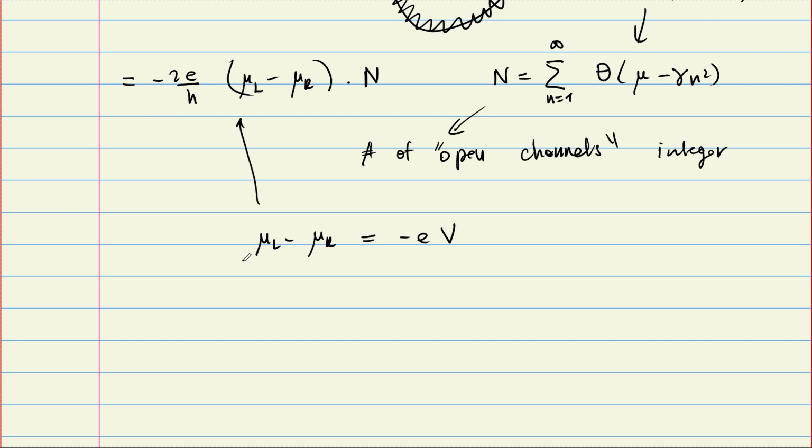And if you put that here, we find I is equal to 2e squared over h times n times v. Therefore, conductance G is just the coefficient here, which is 2e squared over h times n.